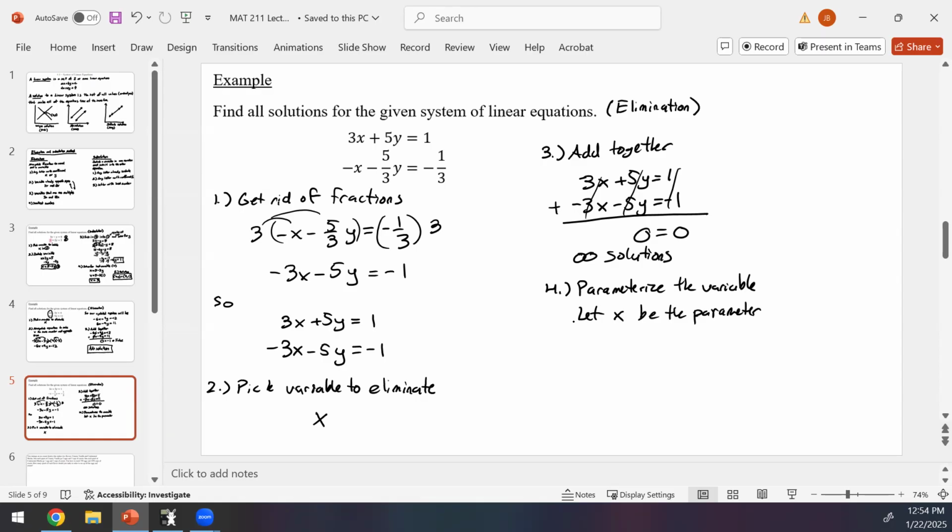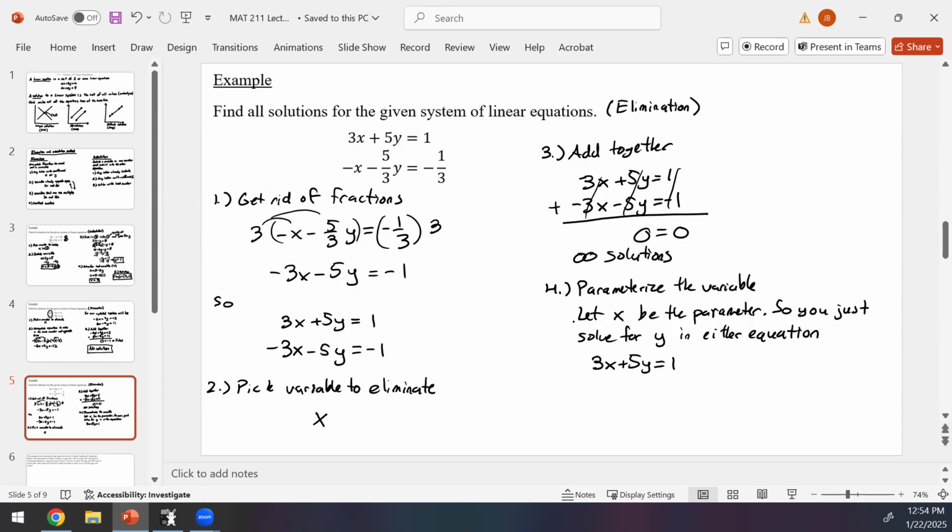Okay, then solve. So let x be the parameter. So you just solve for y in either equation. That's all you have to do. You're going to solve for y. So it doesn't matter which equation you take. So I'll take the first one. 3x plus 5y is equal to 1.